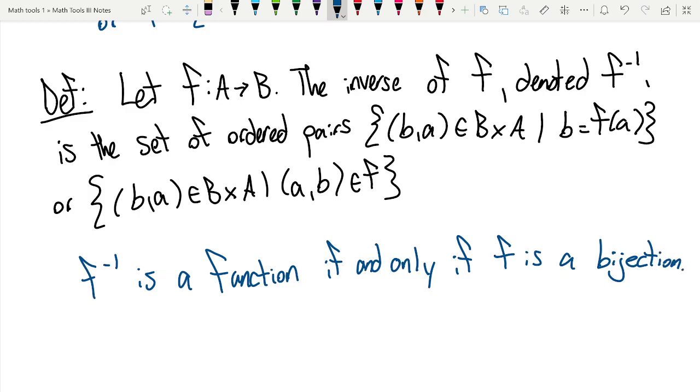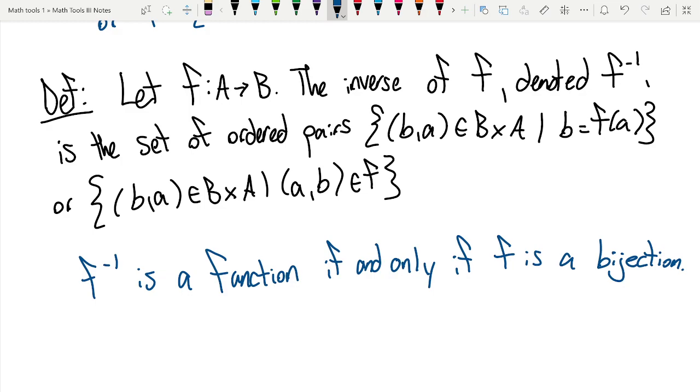We do need surjection, but the surjective part we can make a little bit trivial by just restricting us to the space where it is a surjection, right? Because if f is not a surjection, then we can just change the codomain to be equal to the image, and then it is a surjection, right? We just restrict it.